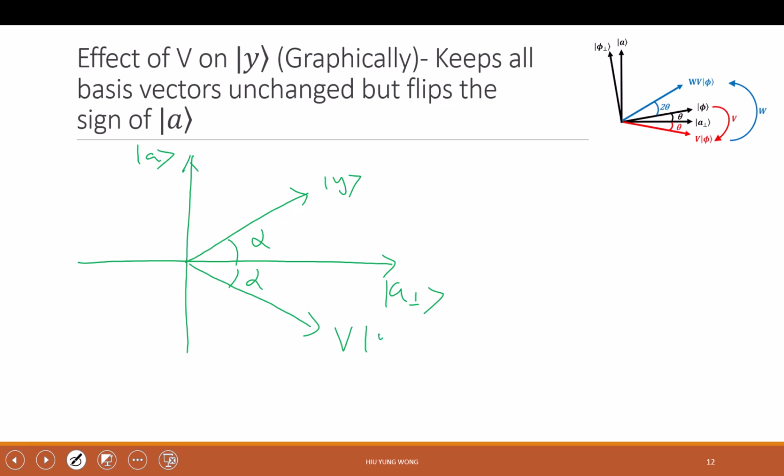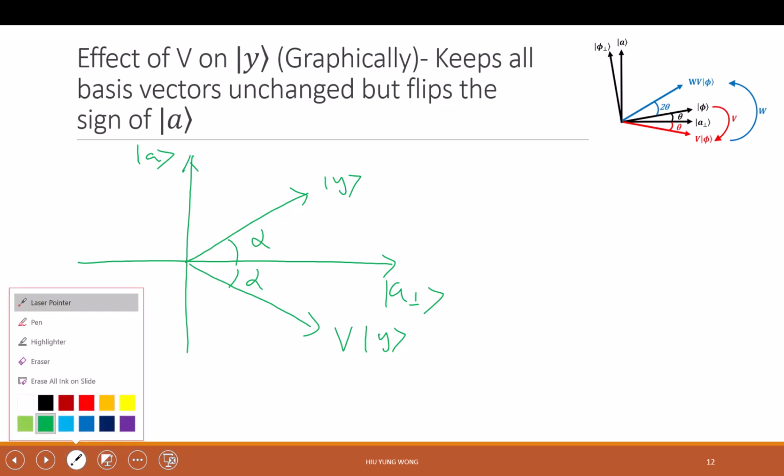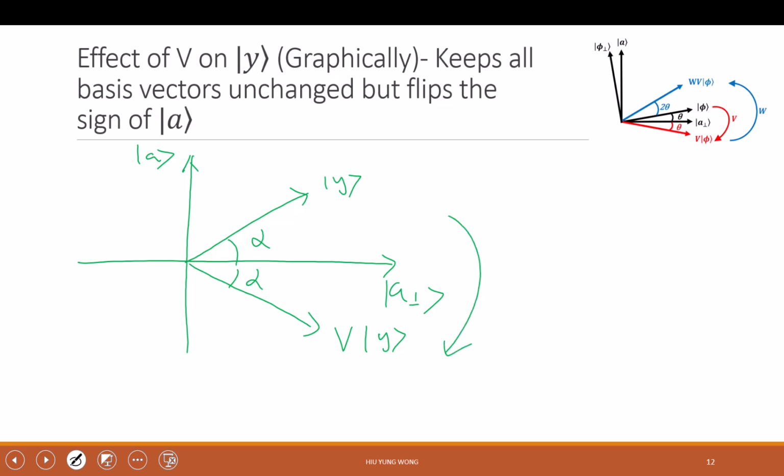It becomes VY. Is this okay? That's the function of V. V flips about A perpendicular, right? So equivalently, it means it rotates Y clockwise by 2 alpha. Right? So that is the operation of V. It rotates clockwise by 2 alpha.